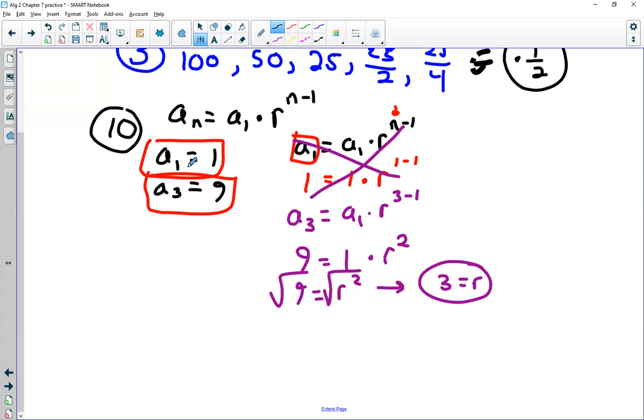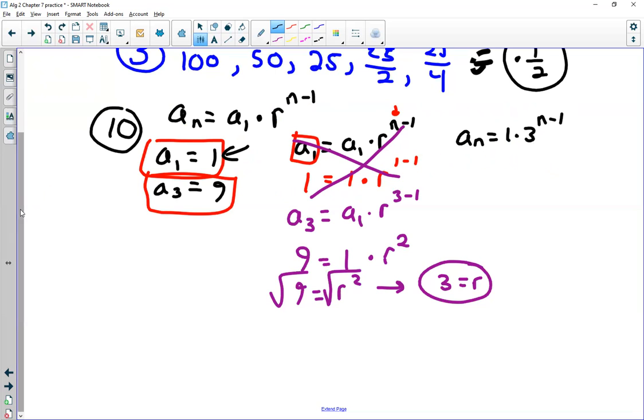Usually I want to give you a_1. Here's the answer to this equation: a_n equals 1 times 3 to the n minus 1. Where's the 1? Because a_1 is 1, it tells you. What if a_1 was 3? Then you would put a 3 here.